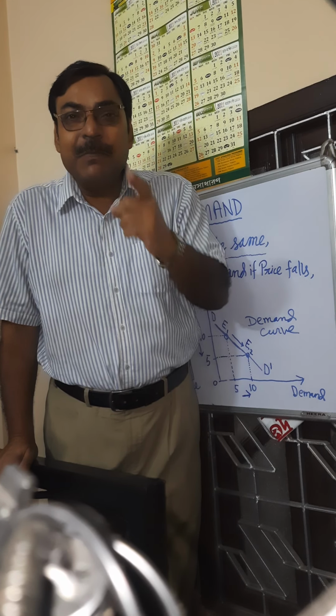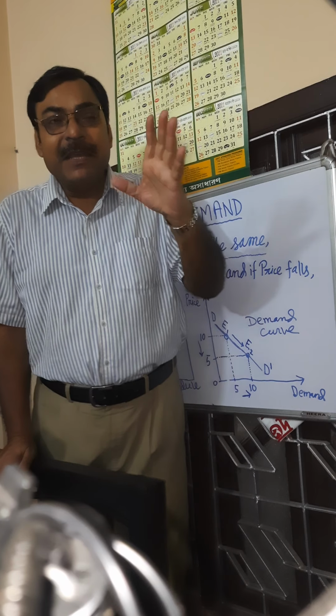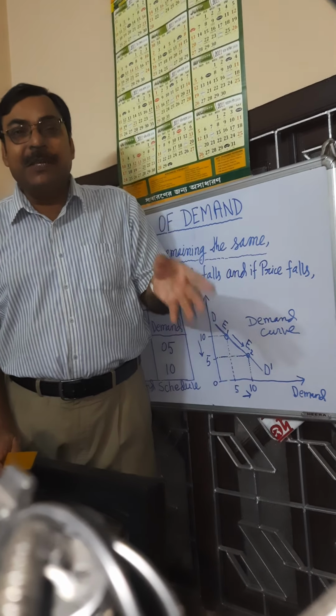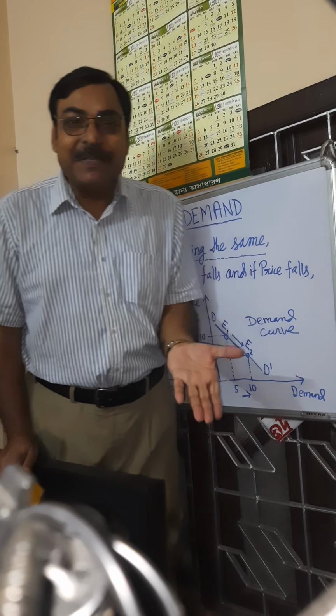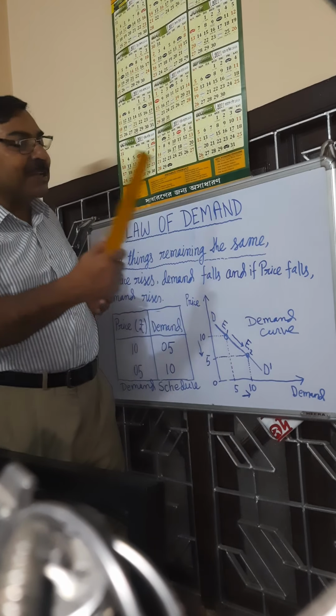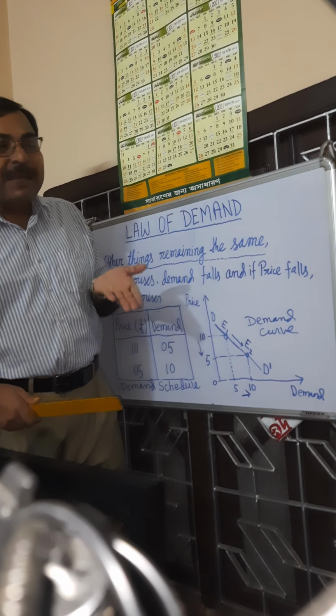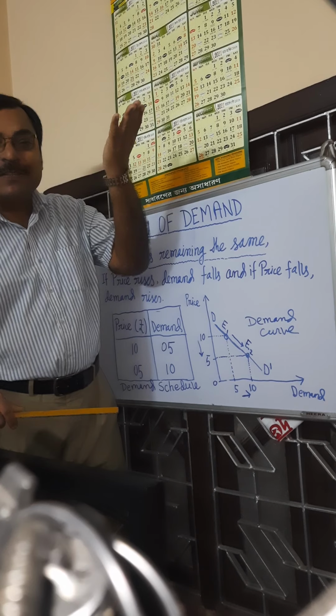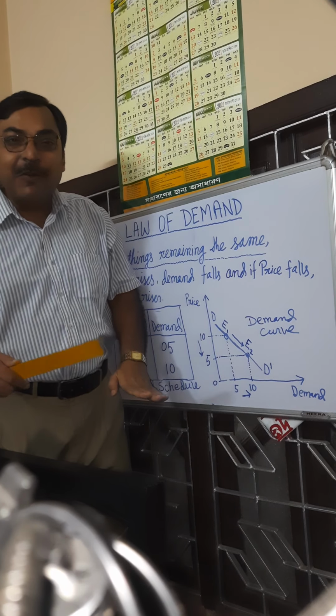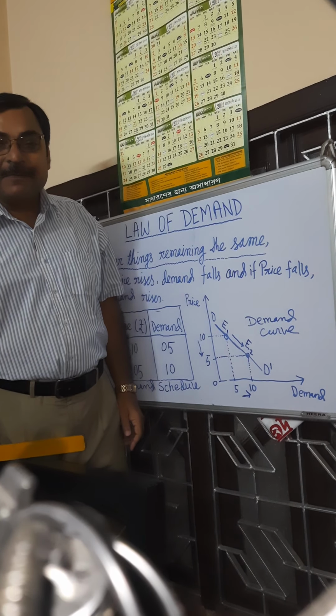So the most important thing determining demand is the price of the commodity. We do observe there is an inverse relation between price and demand. If price of the commodity rises, demand falls. If price of the commodity falls, demand rises.